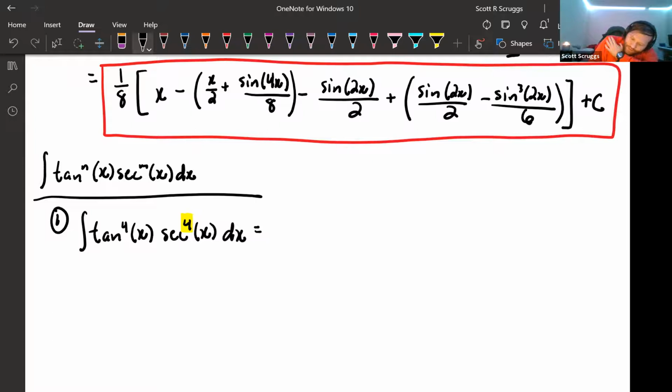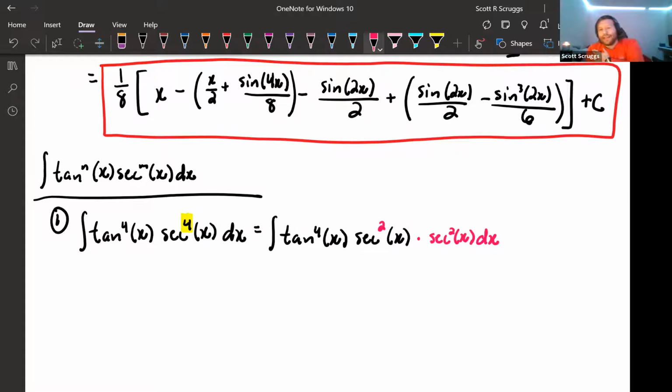However, instead of taking one secant away, I'm taking away a secant squared here and marrying secant squared of x with the dx.